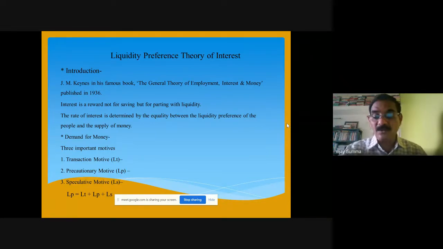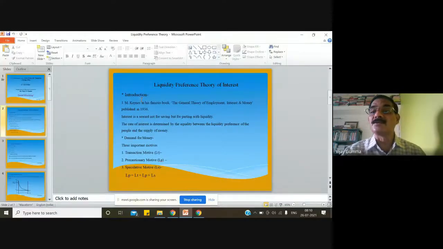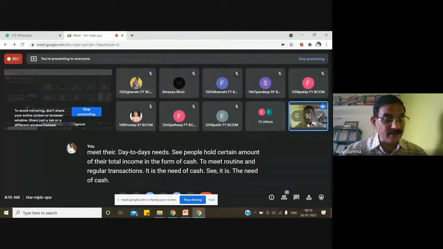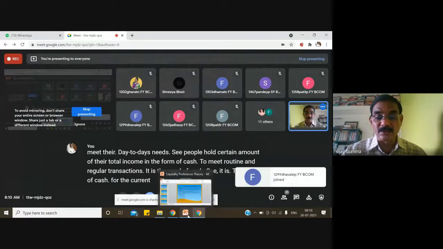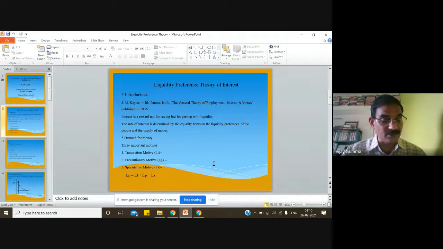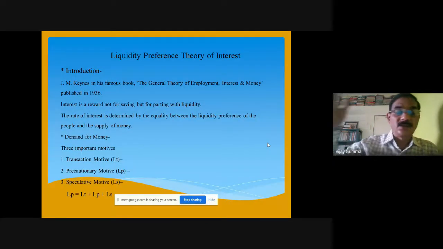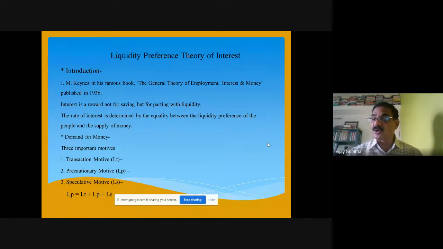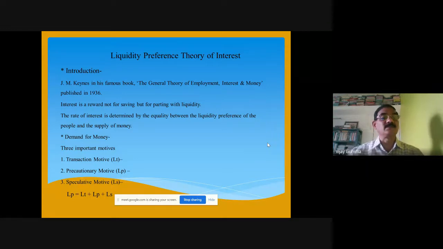It is the need of cash for the current transactions of personal and business exchanges.